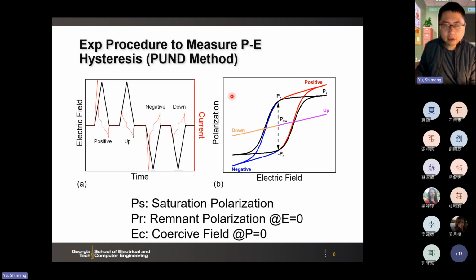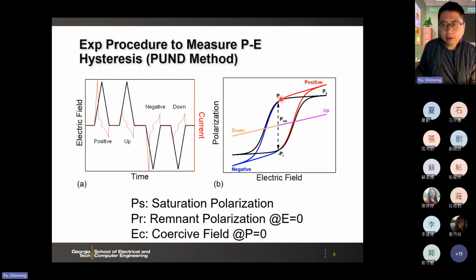So the first curve corresponds to this red one, and for the second one, because the ferroelectric is already switched, if you do it again, you will only have this capacitor charging. So you get this one. This is positive up, corresponding to here positive up. Then if you subtract those two, you get the real ferroelectric switching, which is the black curve.